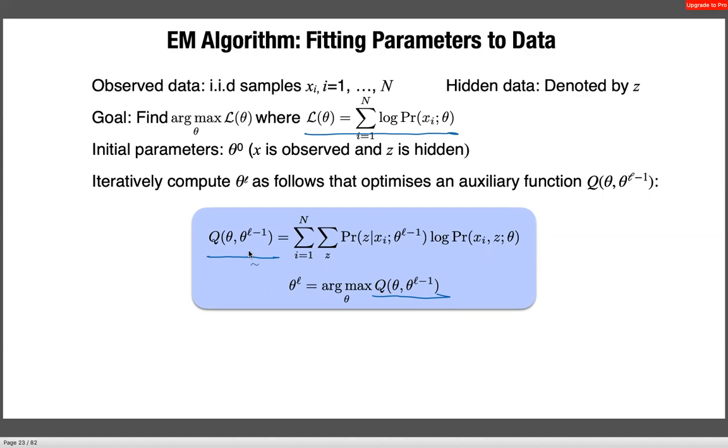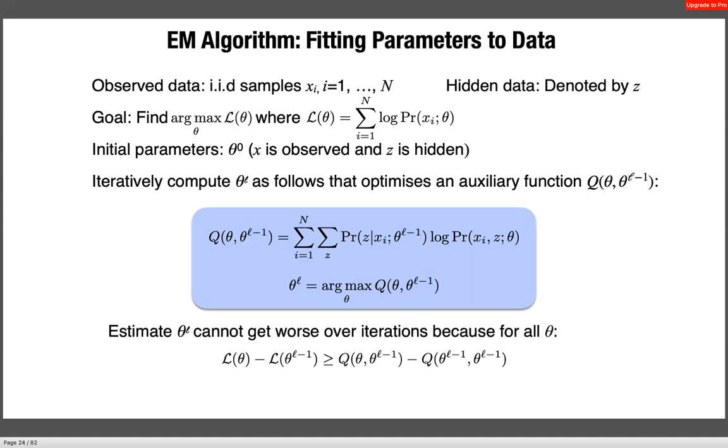So just assume for now that there's some oracle who has given you this auxiliary function and told you that this is a really good approximation of the log likelihood which you're actually trying to maximize. And this is the formulation. Once you have this auxiliary function, this is the EM algorithm essentially. The argmax computation is the maximization step, and the Q computation is the expectation step.